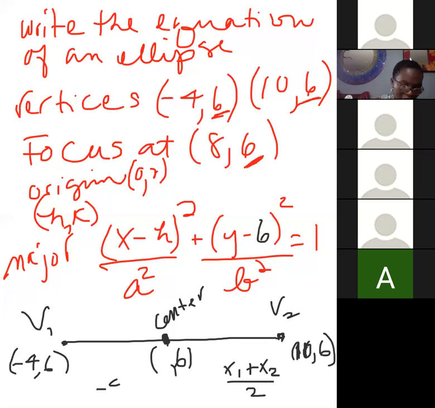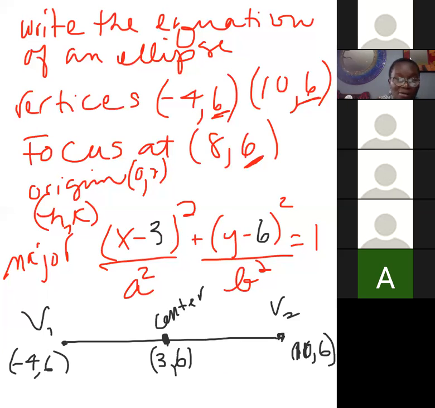So -4 plus 10 divided by 2 gives us 3, okay? So that's the X value of the center. Okay, so I'm erasing all of that. That's the X value of the center. Are you guys okay with that? Yes? Okay. All right, guys. So I'm just going to go in here, change this, and make it a 3.